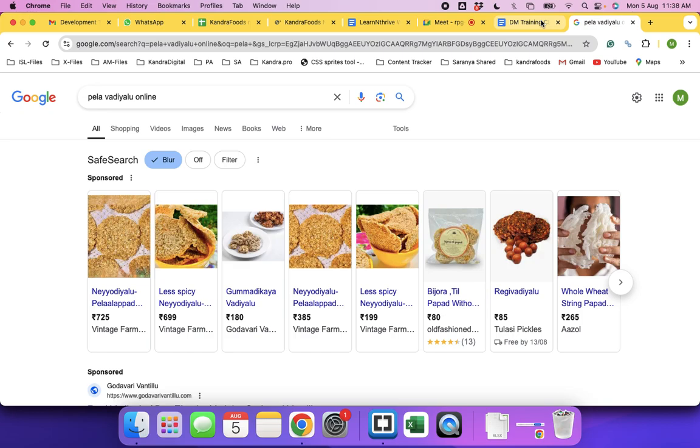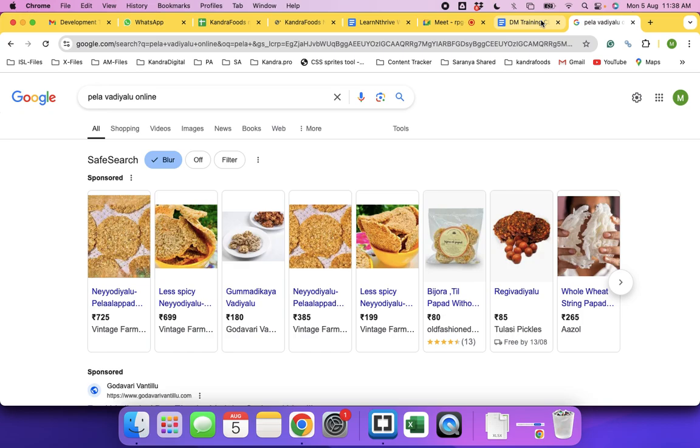So we haven't launched any of this, right? We can launch Srikakulam Appadalu, Fish and Papad. Srikakulam Appadalu, if it is not launched, we'll launch.